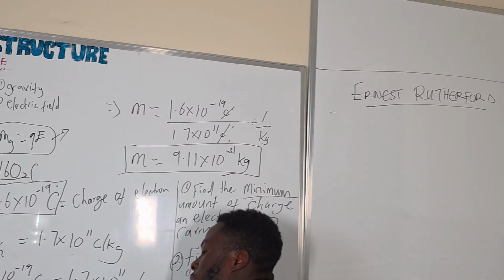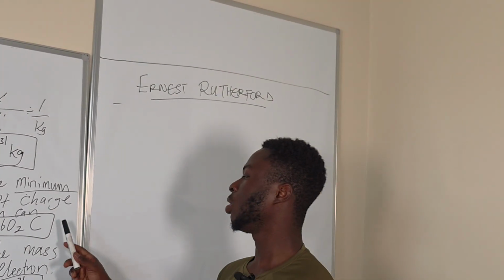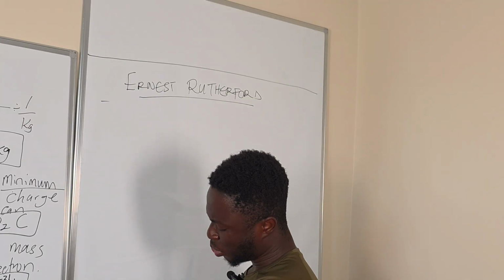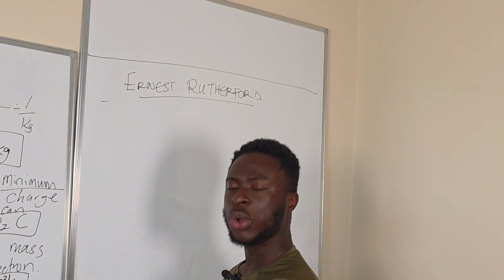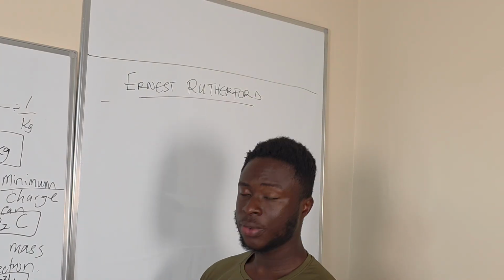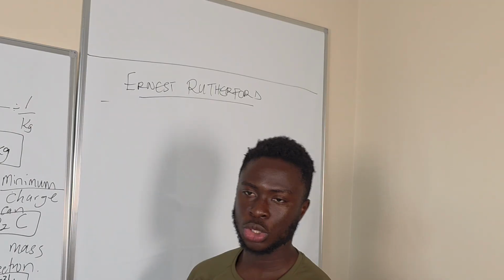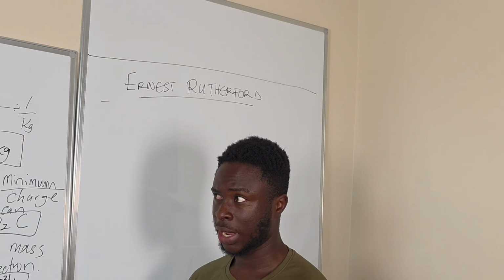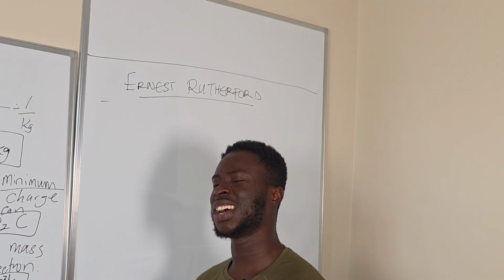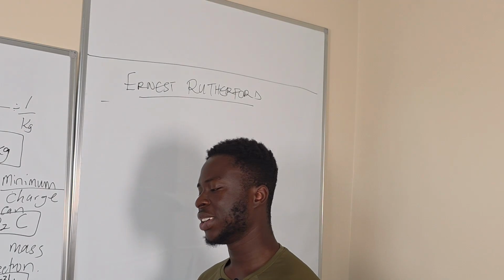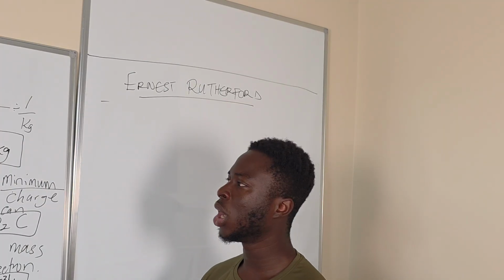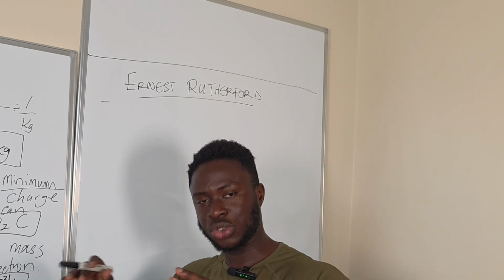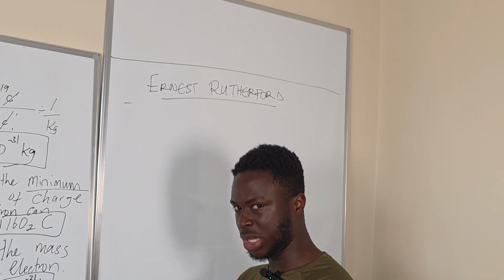When Ernest Rutherford came into the equation, he did not come to challenge or refute these. What he came to observe was that he wanted to prove if Joseph John Thomson's experiment was real. He wanted to prove, is it actually true that the structure of an atom is like a plum pudding?